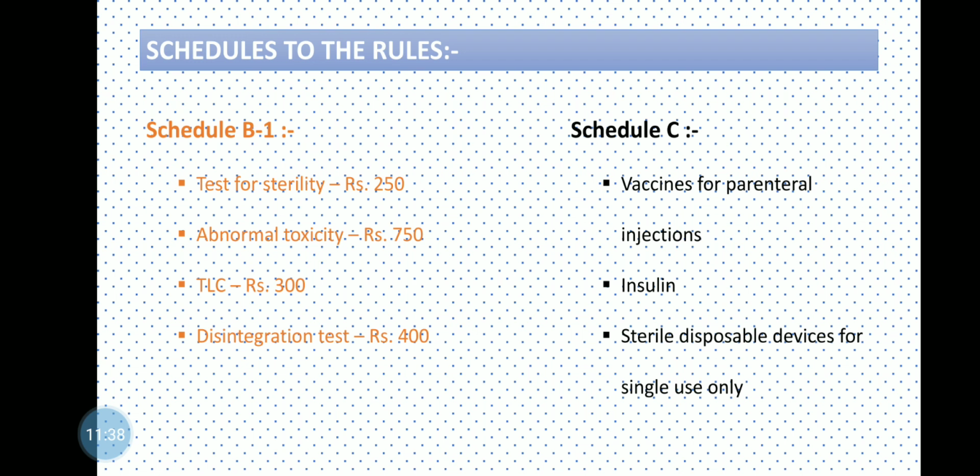That is about your Schedule C. Examples are vaccines for parenteral injections, insulin, sterile disposable devices for single use only, that is specified in your Schedule C.